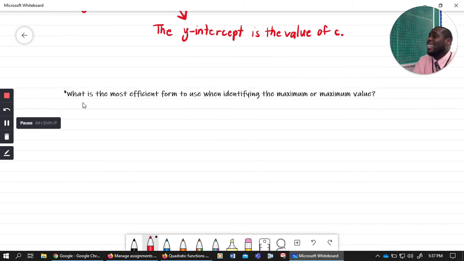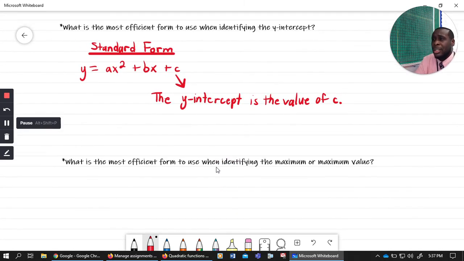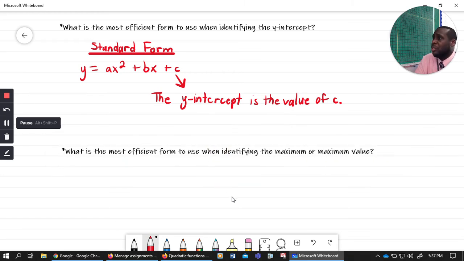Alright, so next, guys, they may also ask you something in the form like this. What is the most efficient form to use when identifying the maximum or the maximum value? Or of course, guys, it doesn't have to say maximum.